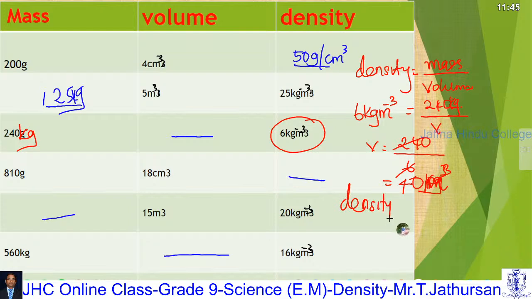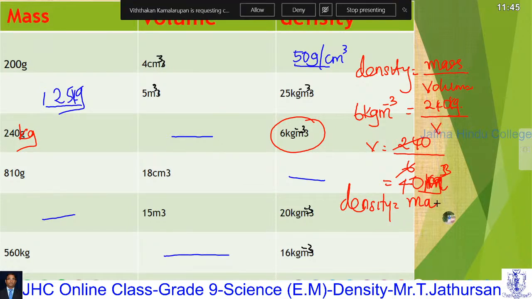Density equals mass over volume. What is the density? You have to find the density, with mass 810 gram and volume 18 centimeter cube.